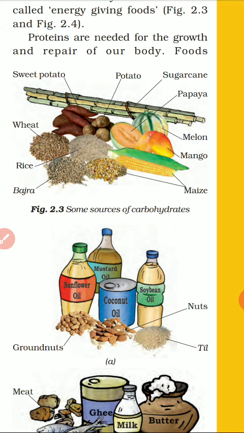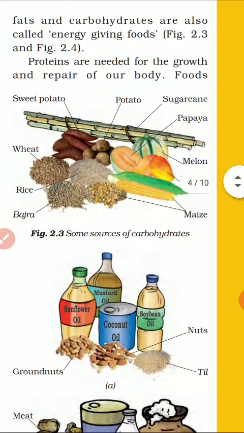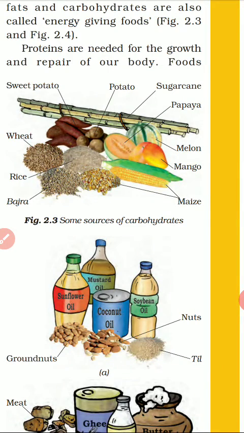All these different kinds of sugar are present in different forms in these food items, and that's why carbohydrate food items will always be a little bit sweet to taste. That is the characteristic that it has some kind of carbohydrate in it.